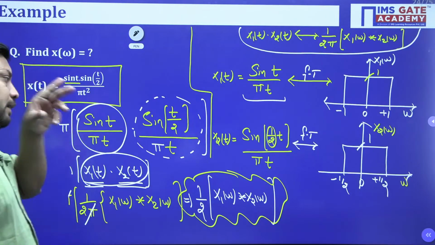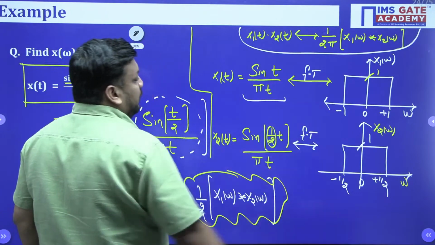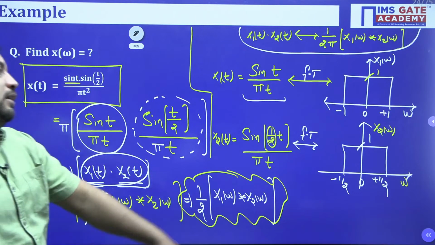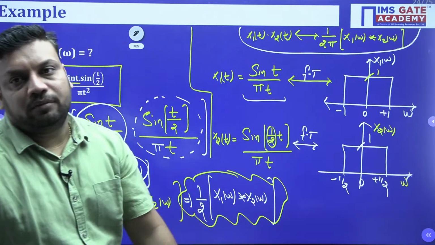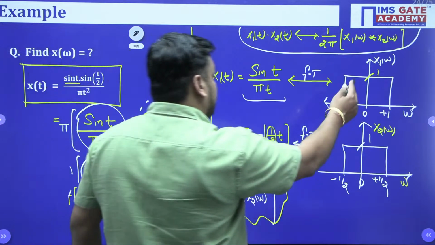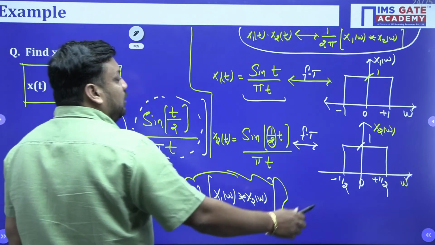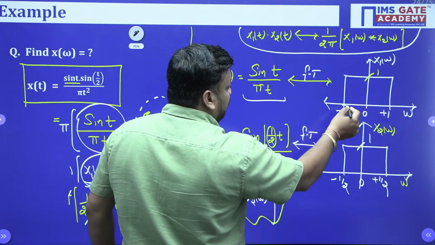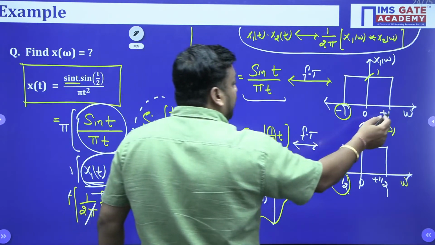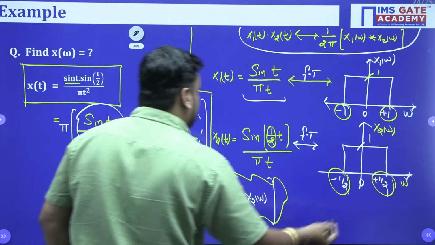So sin of at upon pi t here also, and its Fourier transform is a rectangular pulse from minus half to plus half for x2(omega) and x1(omega), giving a trapezoidal signal. If I convolve x1(omega) and x2(omega), I need to add the limits: minus 1 and minus half become minus 3 by 2, and plus 1 and plus half become plus 3 by 2.